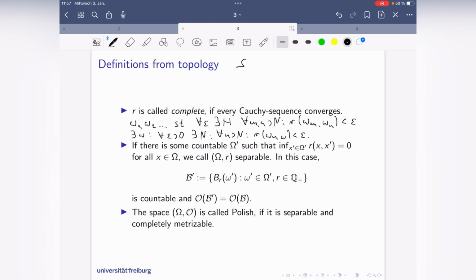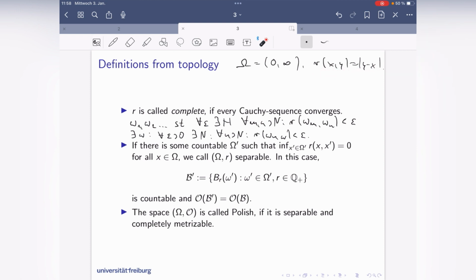Let's say omega is 0 to infinity, and r is as usual, r of x and y is just y minus x. Is this a complete metric?